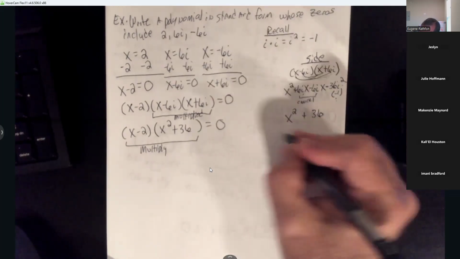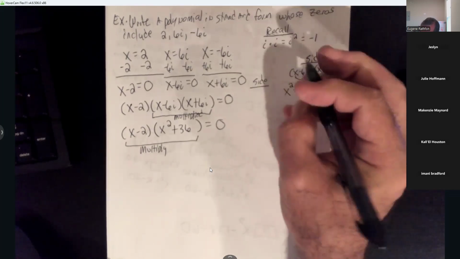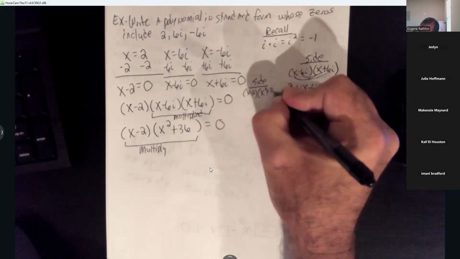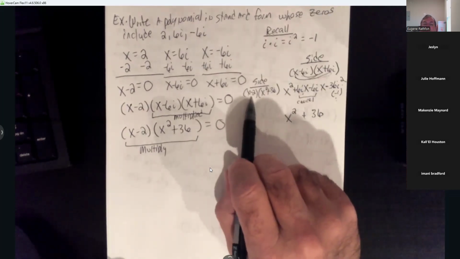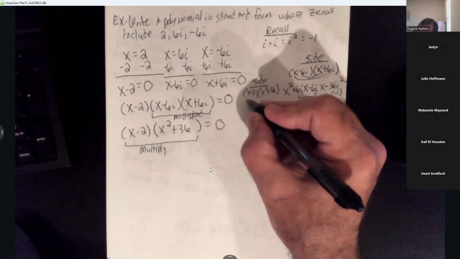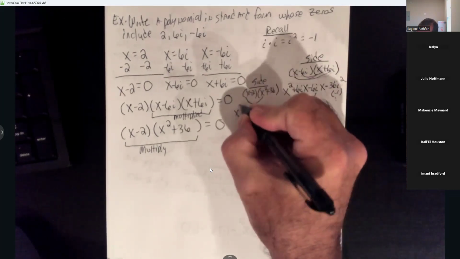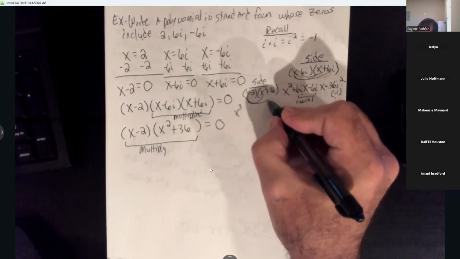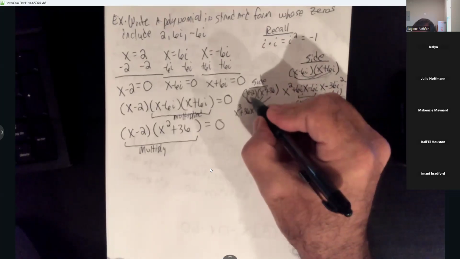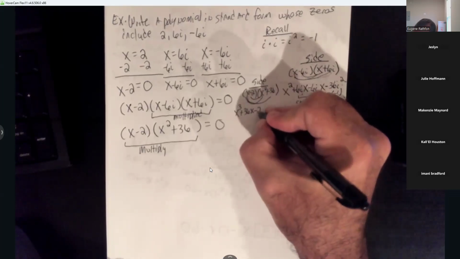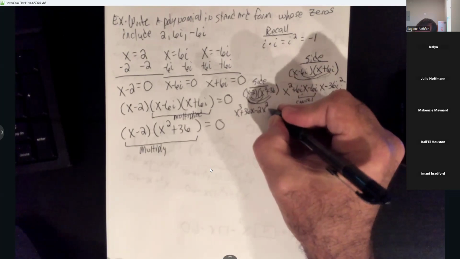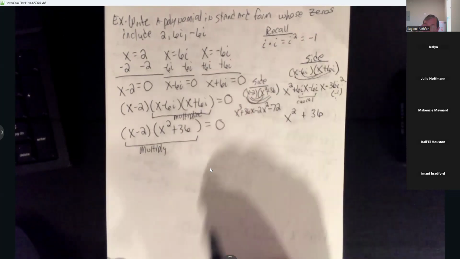All right, so on my side, I'll do that one again. I got x minus 2 times x squared plus 36. All right, y'all, whenever I get here, I'll put here and be done, okay? So x times x squared gave me an x cubed. x times 36 gave me a 36x. Then I got a -2 times x squared is a -2x squared. And y'all finally, -2 times 36 is a -72.